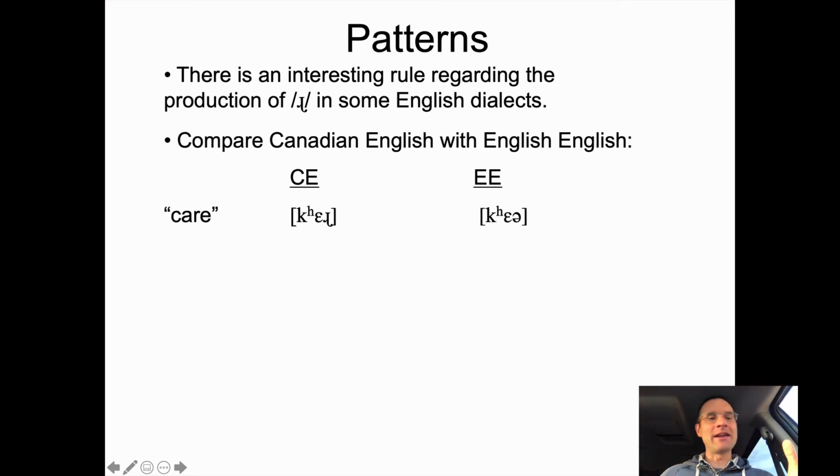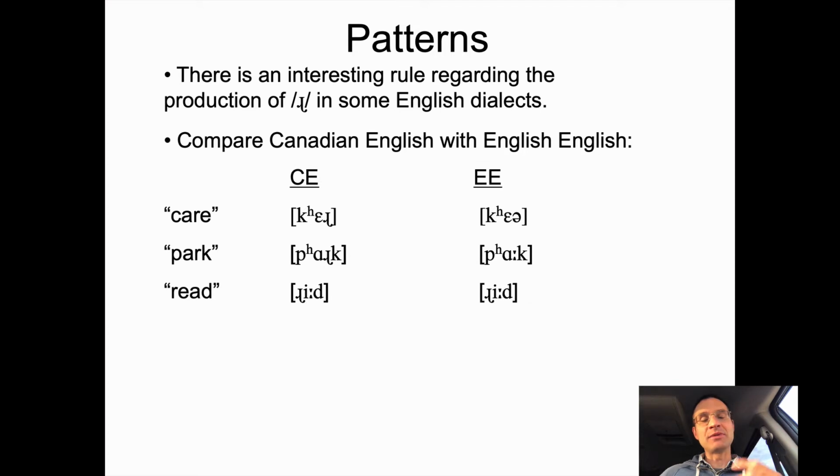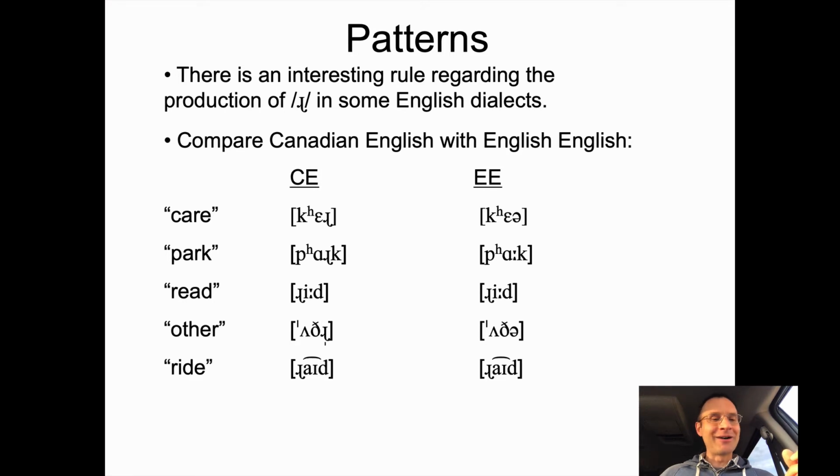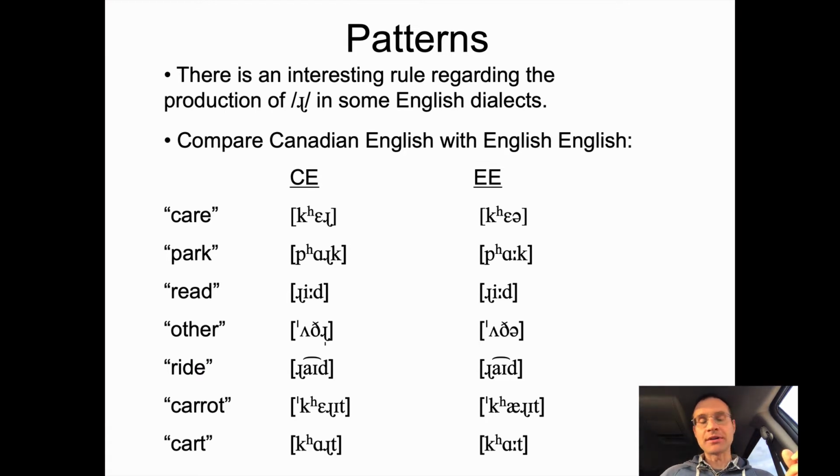If we have a form like care in Canadian English, you probably pronounce the R. In English English, it's more like care without it. This one is park versus park. Or read versus read. Those are the same in that particular case. Other versus other, or ride versus ride. Carrot versus carrot. Cart versus caught.